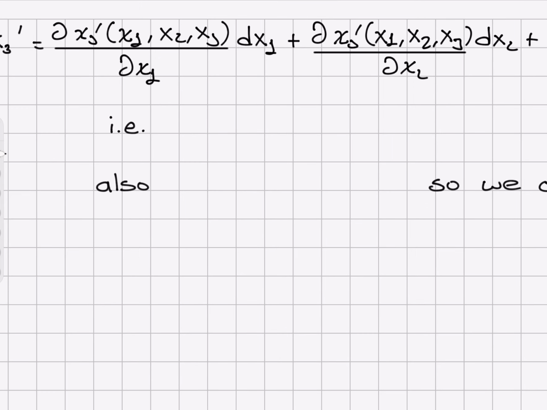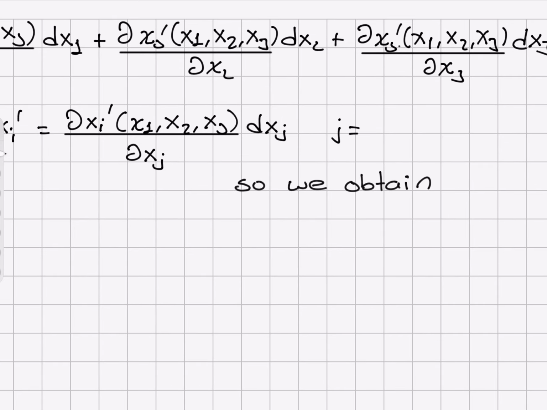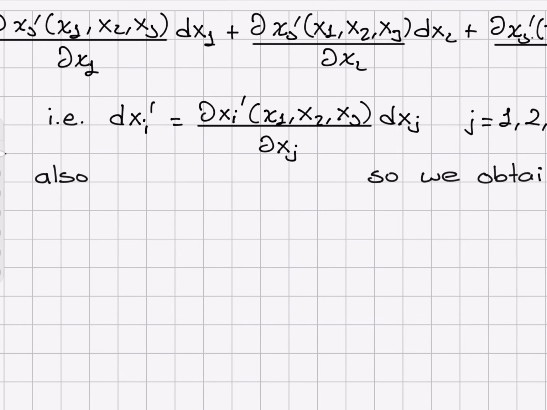So that is to say, I'm taking dxi prime, where i can be 1, 2, or 3, as the partial derivative of xi prime, which is a function of the original Cartesian coordinates x1, x2, x3, with respect to xj, times dxj. The repeated index is j, so that's a summation, and j can take values 1, 2, 3, using the Einstein summation notation.